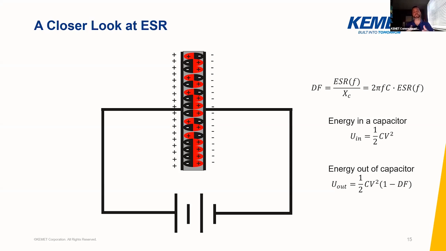Then if you use that dissipation factor, the energy out of a capacitor is actually 1/2 CV squared times 1 minus the dissipation factor. You can almost think of it as a measure of the efficiency, or I guess in this case, inefficiency of a capacitor. And in general, you want to keep that dissipation factor as low as you can, because then you have a less lossy capacitor, more of an ideal capacitor. Of course, as I mentioned, you can never get as much energy out of a system as you put into it. There's always going to be some measure of dissipation factor to a capacitor.